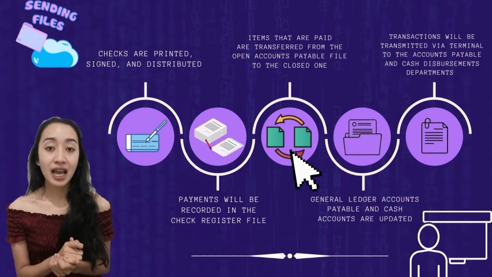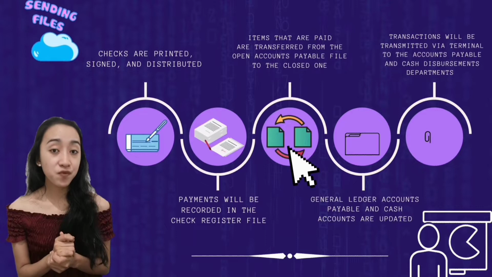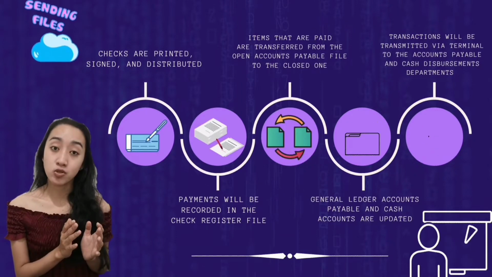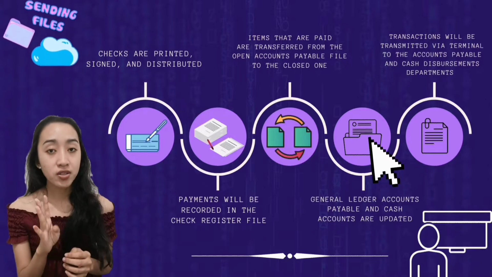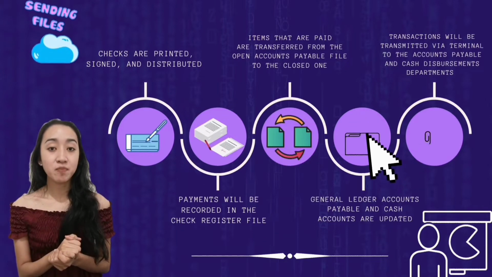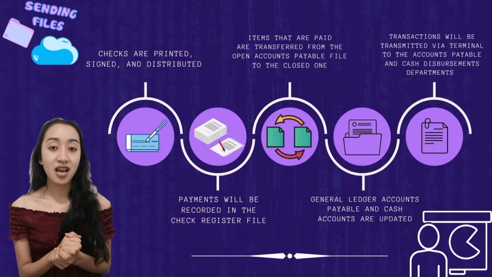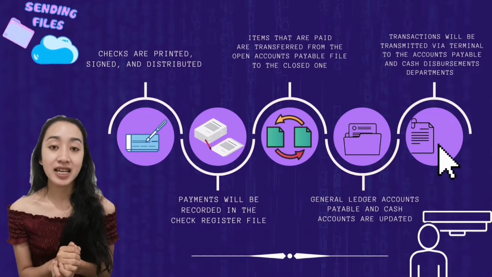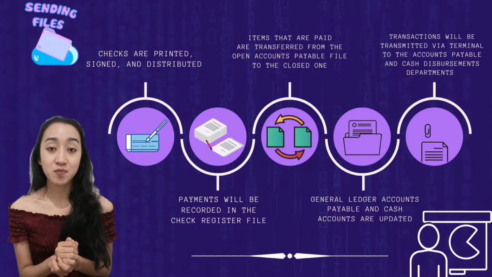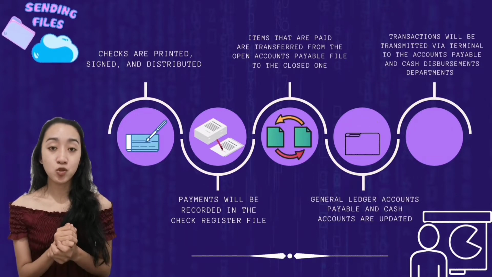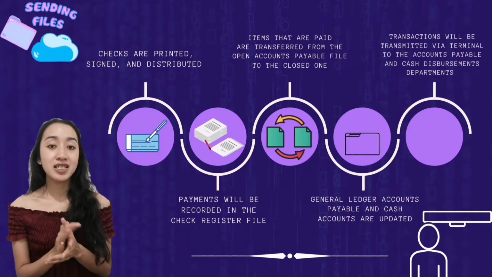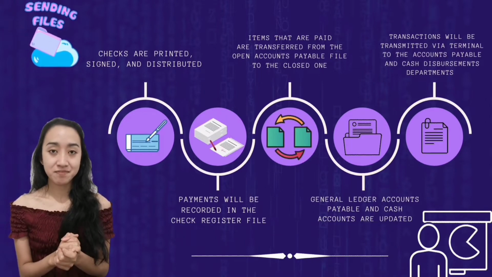Third, those items that are paid are transferred from the open accounts payable file to the closed one. Fourth, the general ledger accounts payable and cash disbursements are updated. And lastly, the reports detailing these transactions will be transmitted via terminal to the accounts payable and cash disbursements departments for management review and filing.